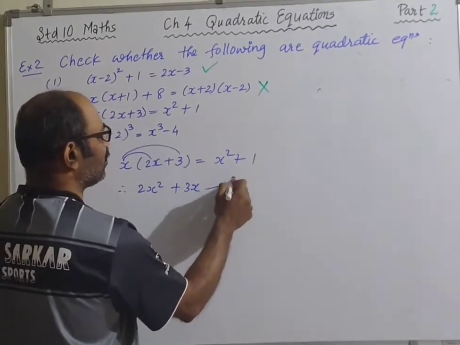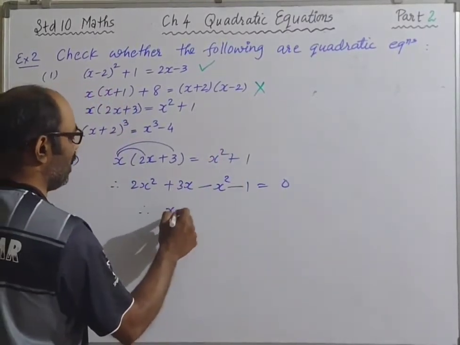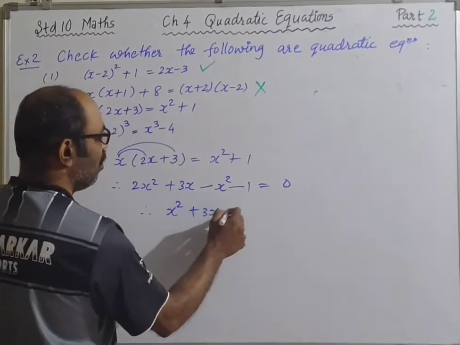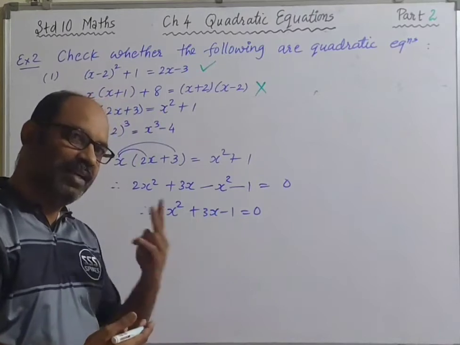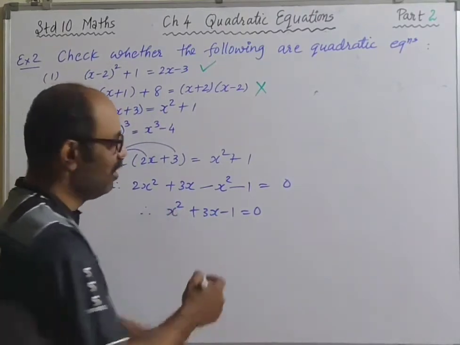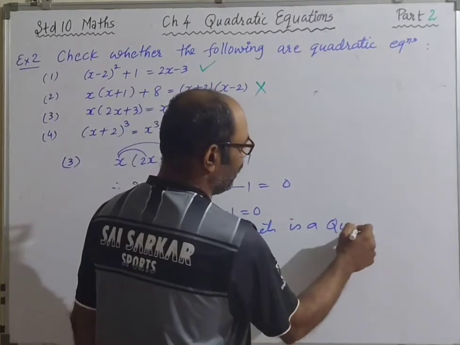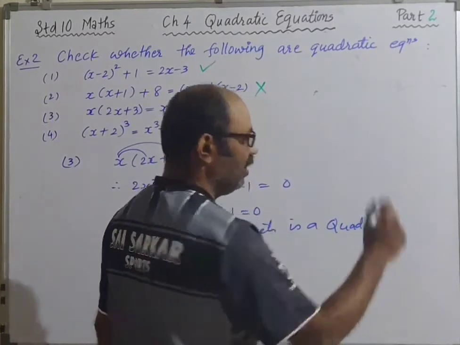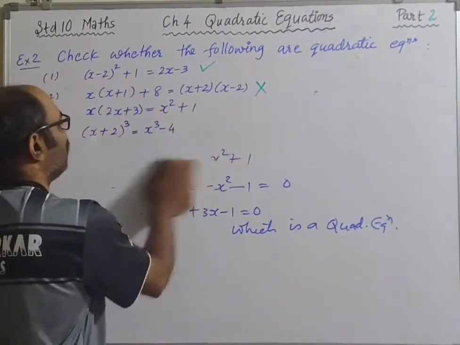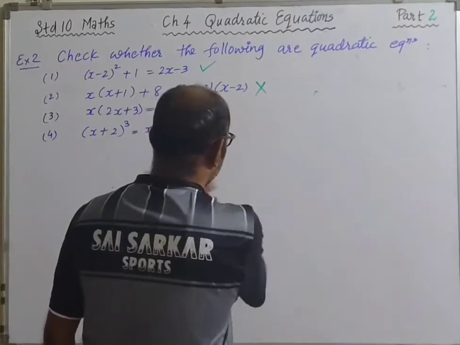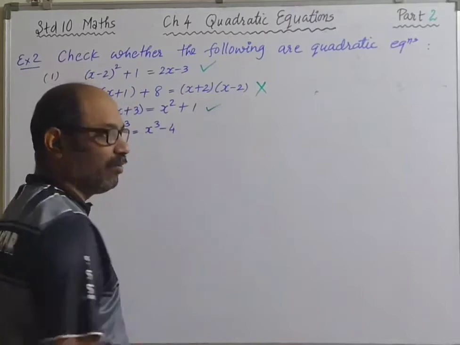Bring this minus x square minus 1 equal to 0. 2x square minus x square is x square, plus 3x, minus 1 equal to 0. And yes, this is an equation having degree 2. x square is there, which is a quadratic equation. Clear? So yes, this one is a quadratic equation.